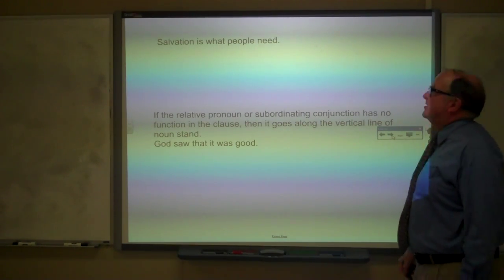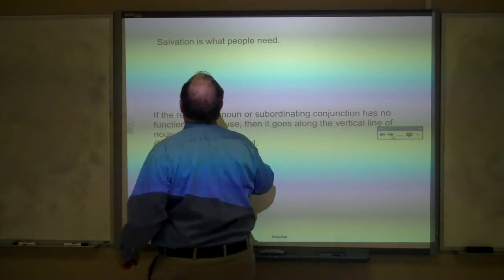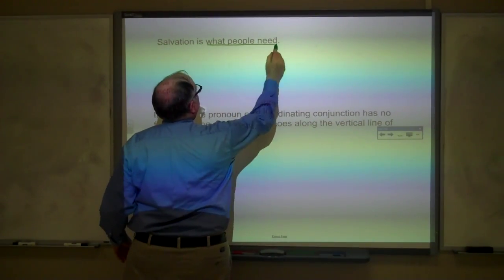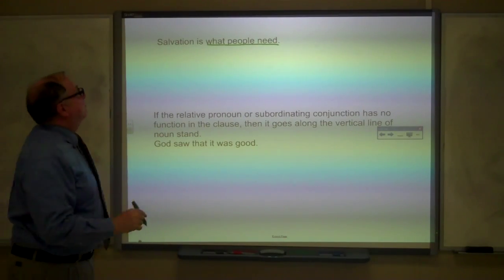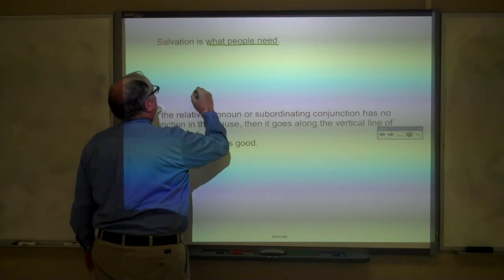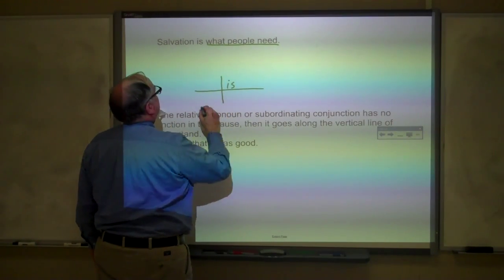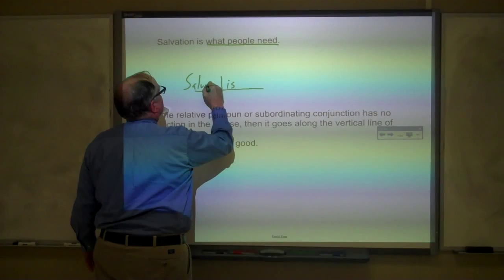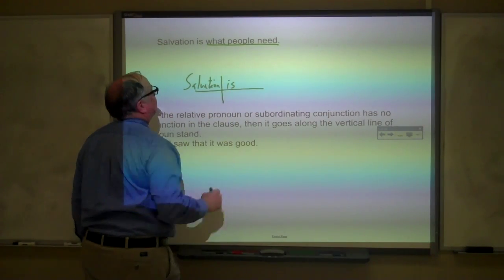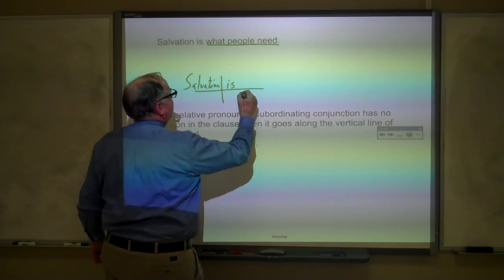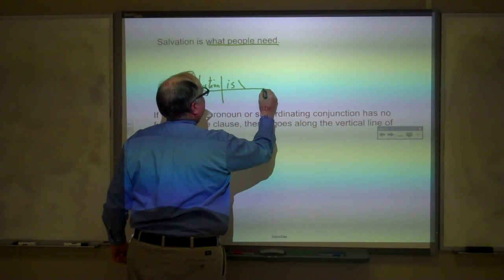Here's a sentence. Salvation is what people need. You might remember this. What people need is our noun clause. Here it is the predicate nominative. Is is the main verb. Salvation is the subject. What people need is the predicate nominative, so we have the angled line like that.